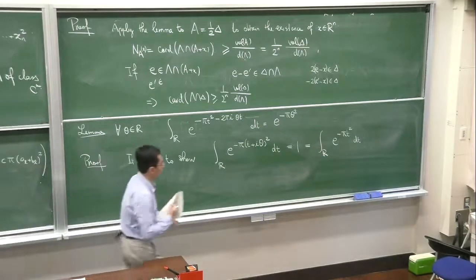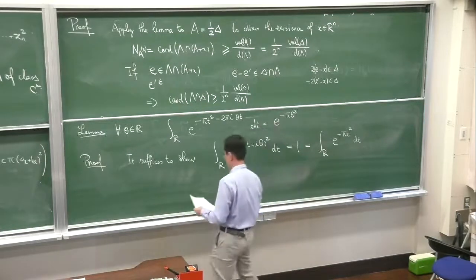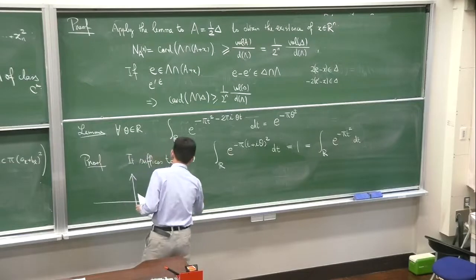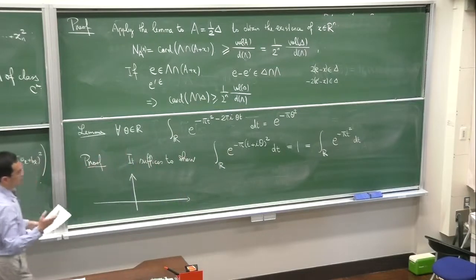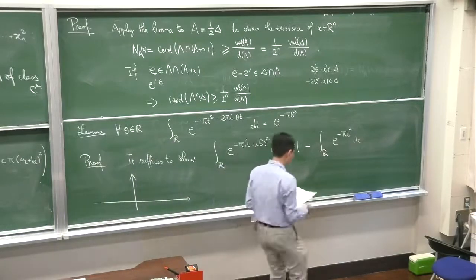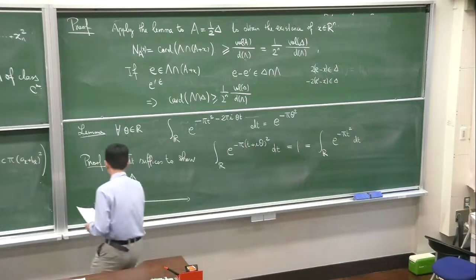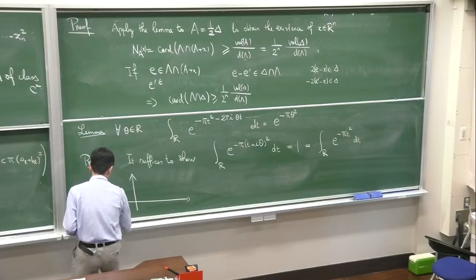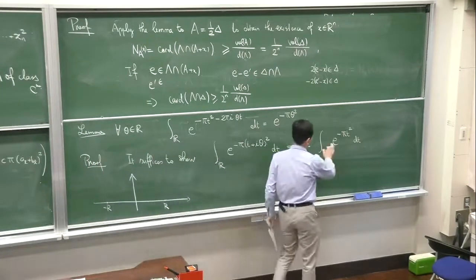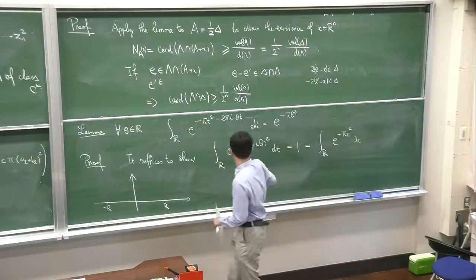I will not give the proof of this one because it's another exercise for an analysis course. Just how to pass from this equality to this equality, I will give you a hint. You have a very nice function which is holomorphic, analytic. So you try to integrate from minus r to r, and that will give you more or less this integral.